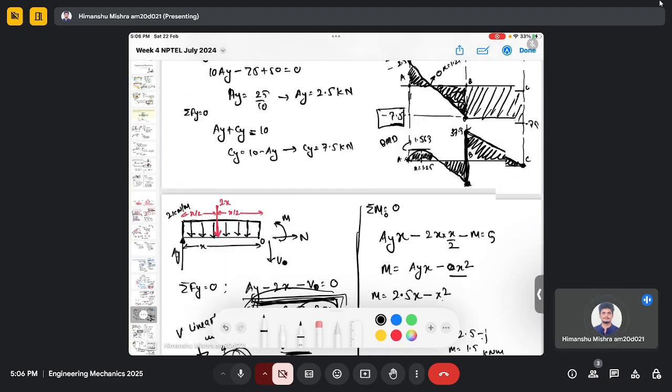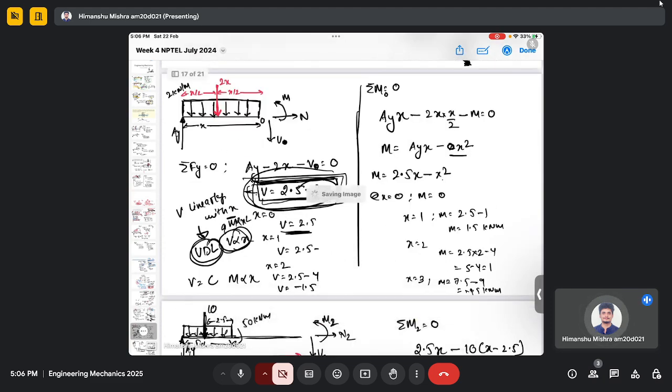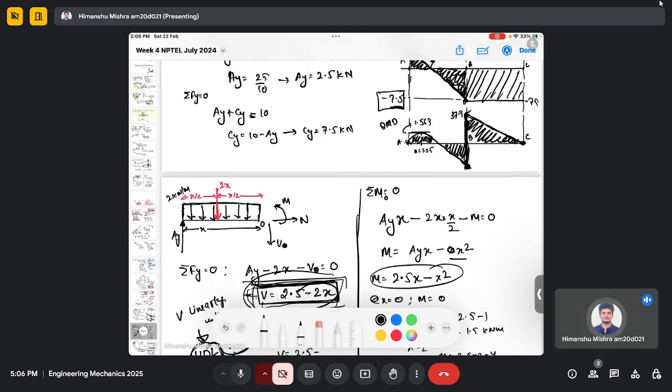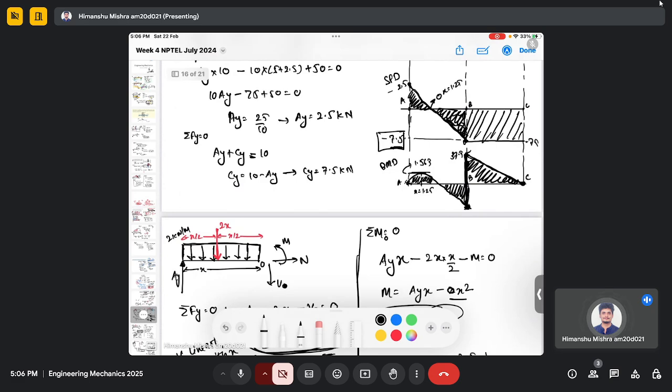Then we got a relation where the shear force is linearly varying on x, and the bending moment is quadratically varying with respect to x. And we found the shear force and bending moment diagram. We also saw where this bending moment is highest in magnitude or the highest positive value.